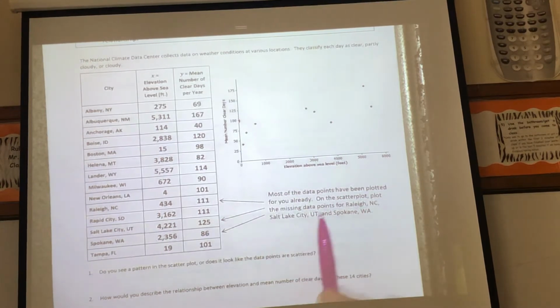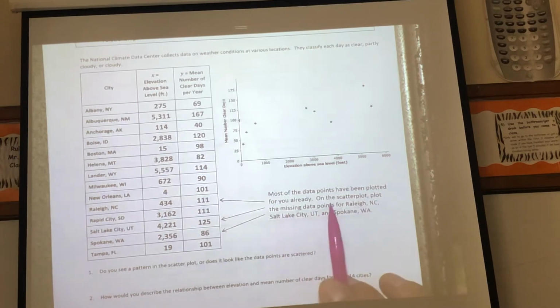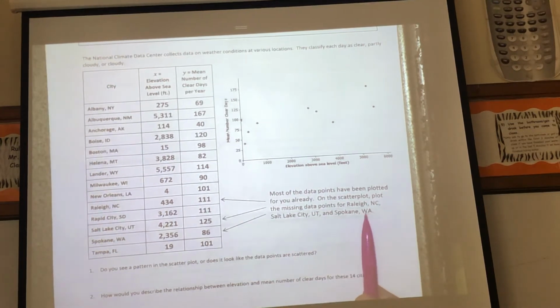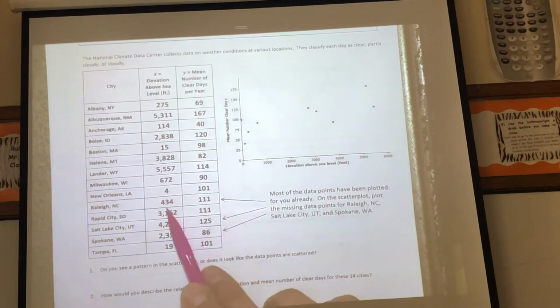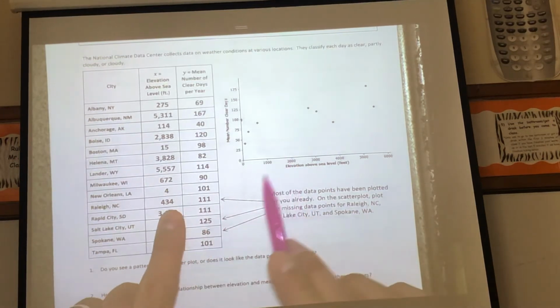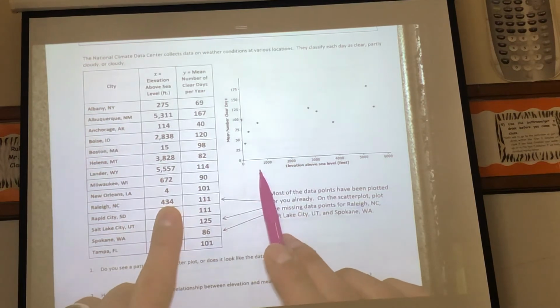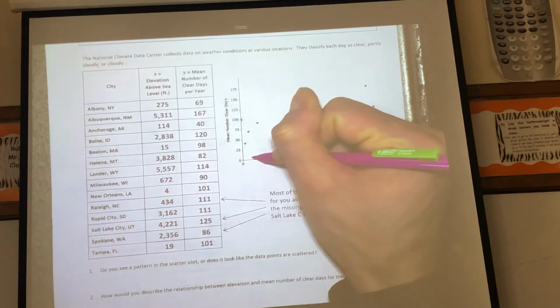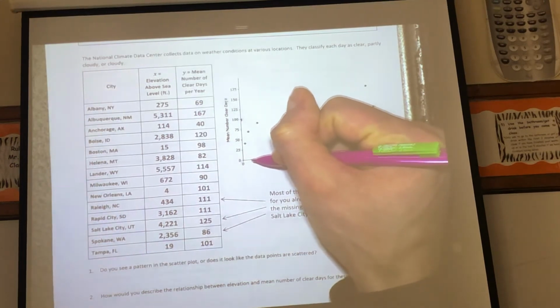It says most of the data points have been plotted for you already on the scatter plot, but missing are data points for Raleigh, North Carolina, Salt Lake City, Utah, and Spokane, Washington. So Raleigh, North Carolina. These are going to be approximates, so we don't have a grid, but it'll be 434, so that'll be somewhere before halfway in between 1,000, and up to 111.